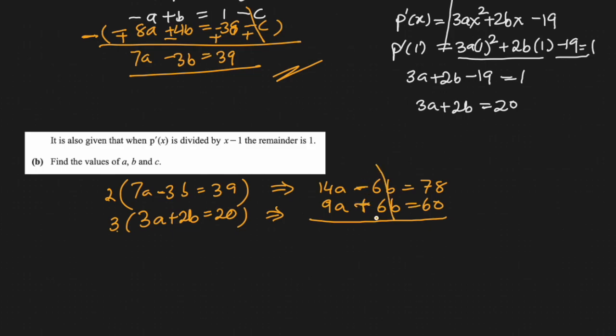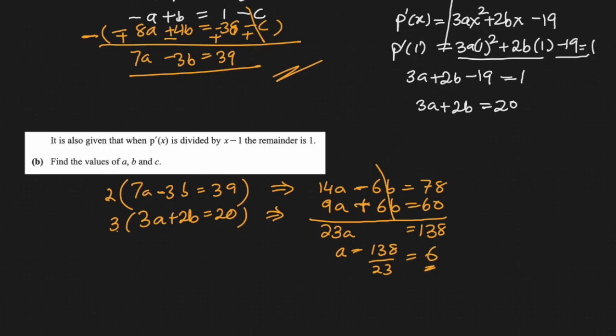I just add them. 14 plus 9 is 23a equal to 78 plus 60, which is 138. That means a is 138 divided by 23, which is 6. A came out to be 6.